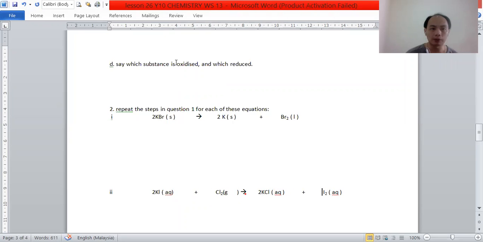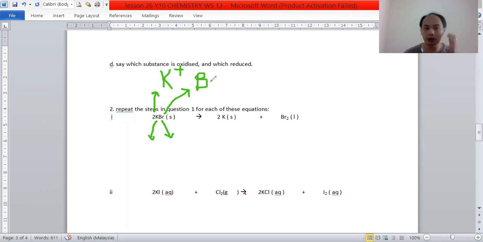Potassium is in group 1, so to become stable it has to give up 1 electron. Bromide is in group 7, so it receives 1 electron to become stable. So the oxidation state for potassium is +1. The oxidation state for bromide is -1. Then they are separated and become elements.